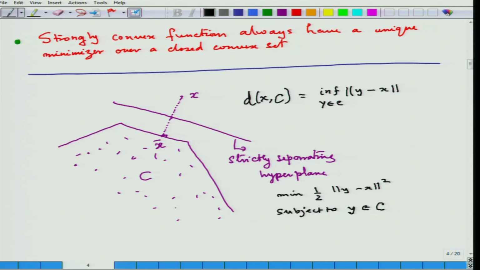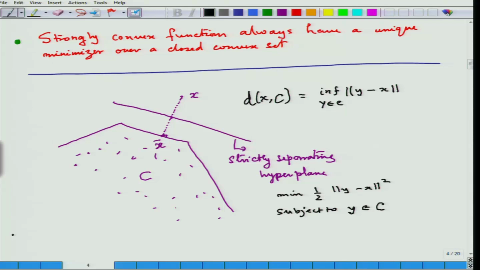Any solution of this problem is obviously a solution of this problem, and I am not going to tell you how to do that. This is so clear that you can just take up a pen and paper and finish it off in a minute. Now, observe that this function is a strongly convex function.